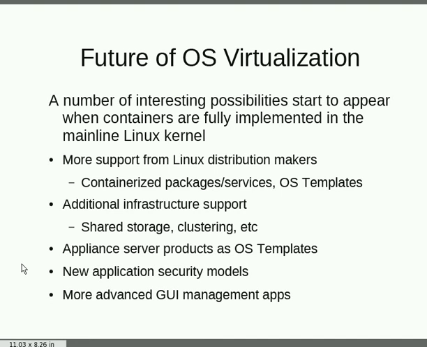Well, I think you'll start to see distributions provide OS templates for each release, so that in addition to their install media for installing on a physical machine, some of them will have OS templates you can make containers out of. So getting OS templates is going to be a lot easier, I believe. And you might see special purpose application OS templates.